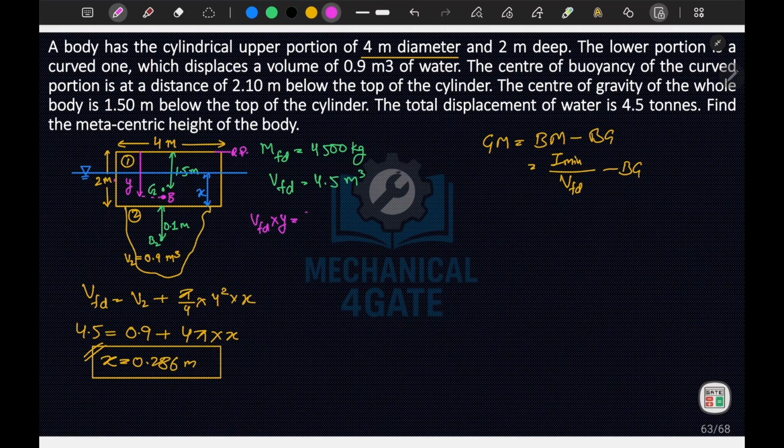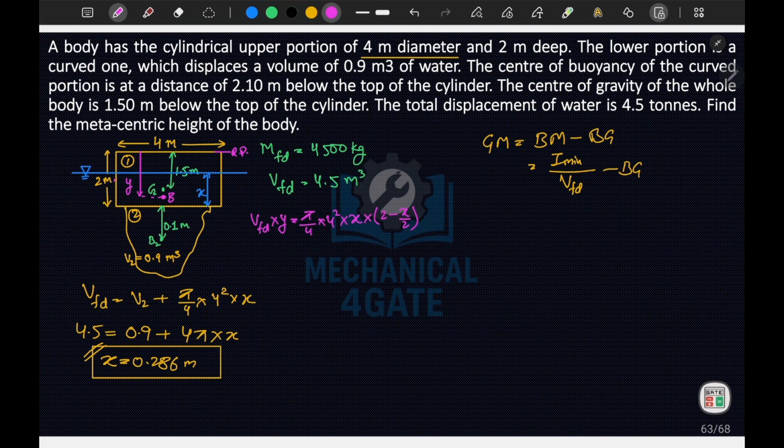This part volume will be pi by 4 into 4 squared into x. This is volume, and your center of buoyancy is at 2 minus x by 2.